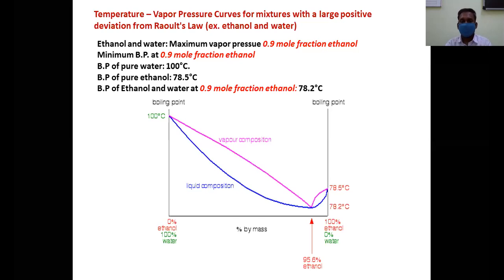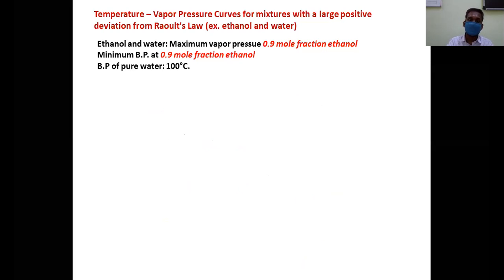But as of now, what I want you to know is the diagram, because it contains two curves, is not identical to that of the ideal solution. It is rather distorted, is it not? It has a minimum point, which was not present in the ideal solution. Basically, how was the curve looking for the ideal solution?